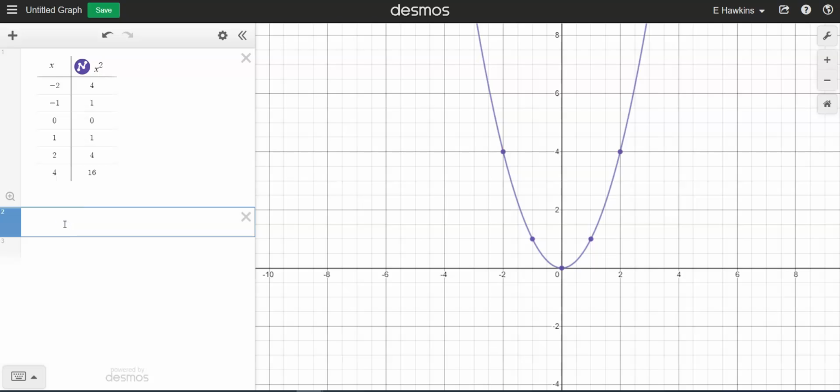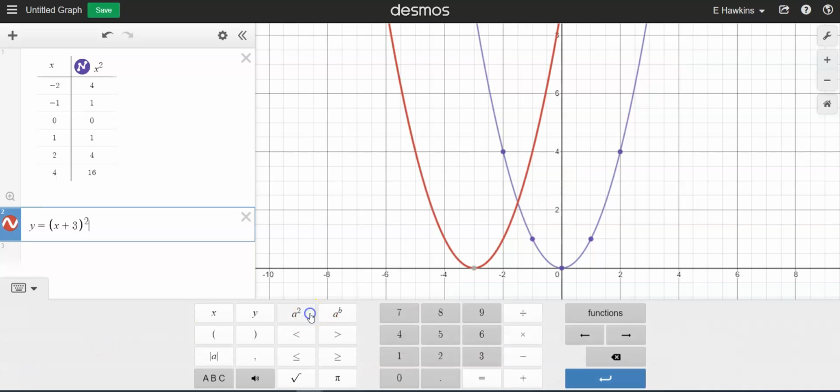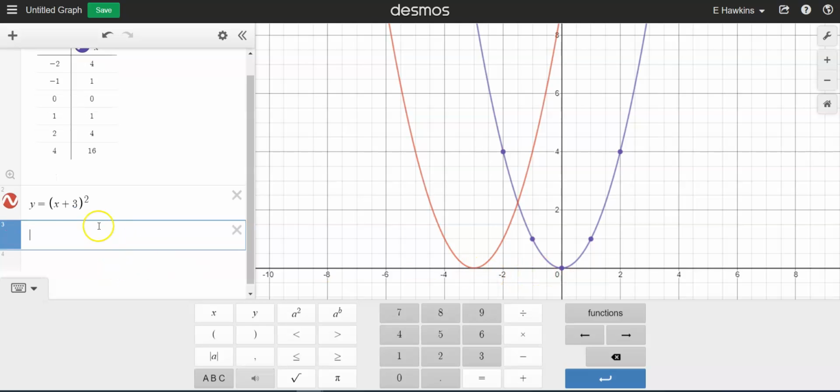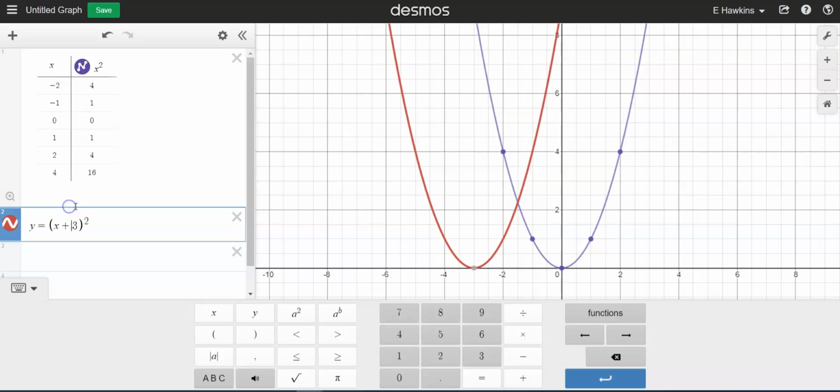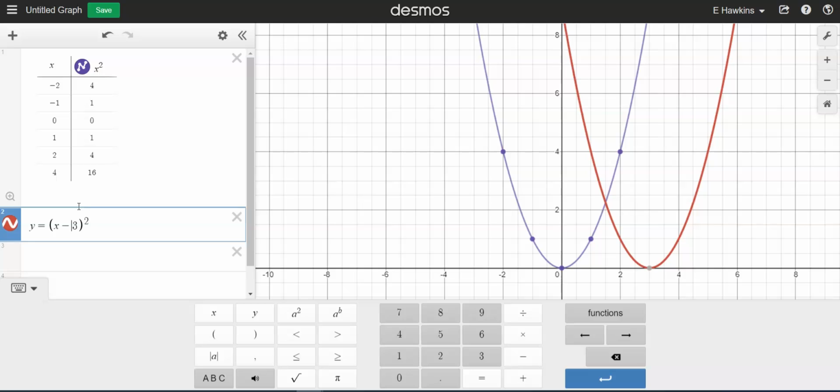As we discussed last unit, if we put a value inside the parentheses, if it's plus, let's say plus 3, and we square it, notice the graph goes to the left 3. If we go minus 3, notice it goes to the right 3.